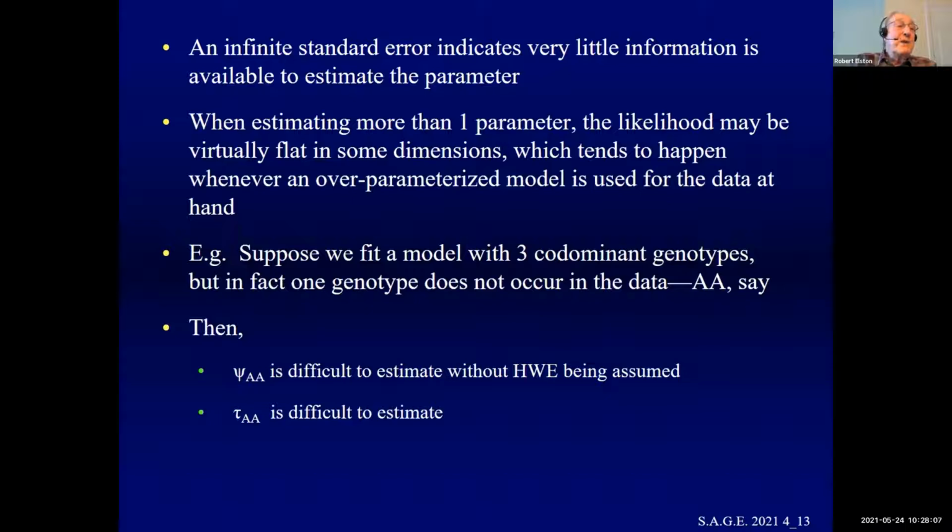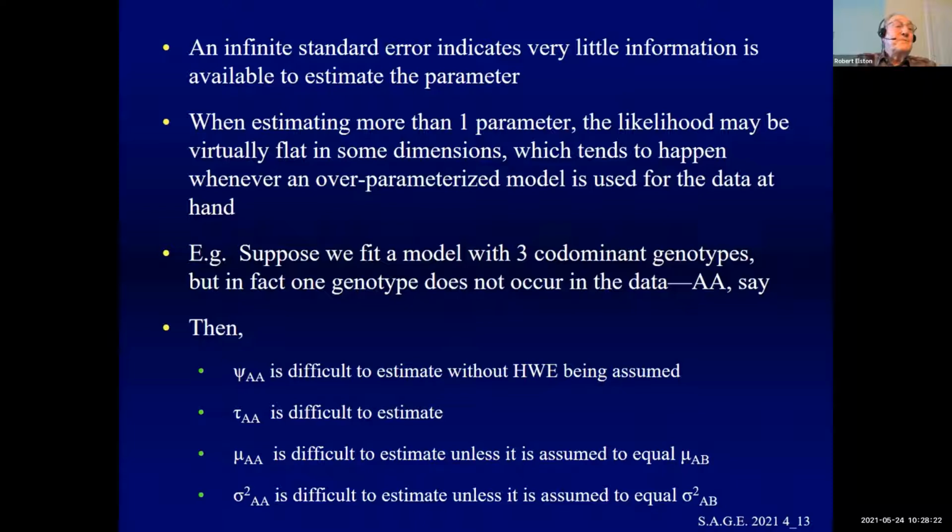And the transmission probability of this individual, the A transmitting an A, is difficult to estimate. Also, the mean is difficult to estimate unless you assume it's equal to the heterozygote mean. And the variance is difficult unless you assume it to equal the variance of, say, one of the other means.